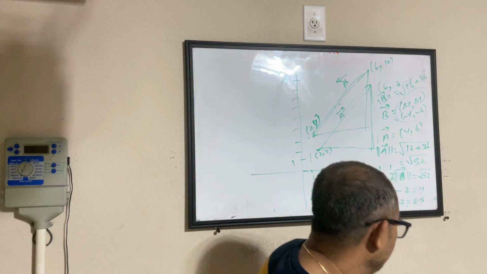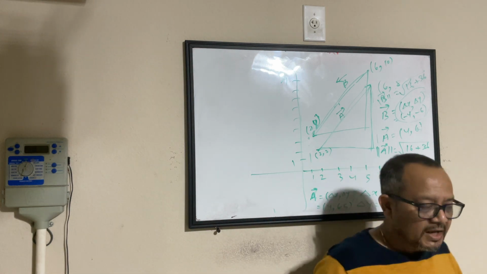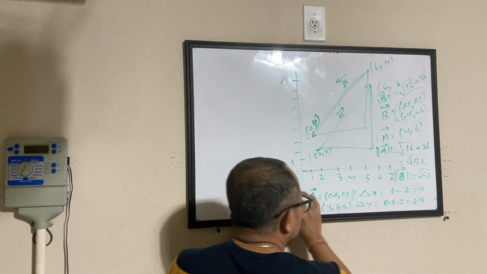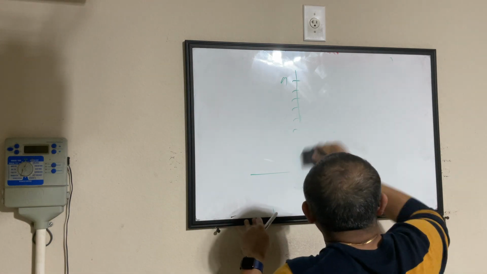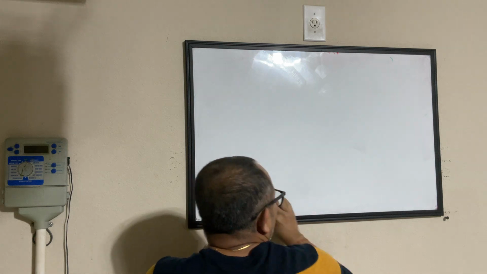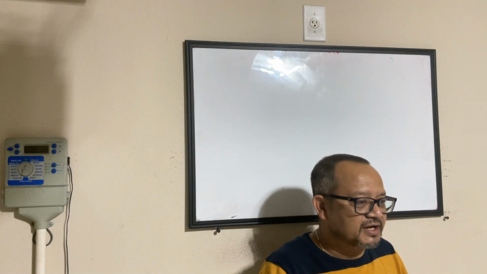I understand. Okay, wonderful. So any vector that you talk about, you have to always look at what the key elements of a vector are. And a vector is a very simple creature which has only two body parts. One is the magnitude, and the second one is direction.